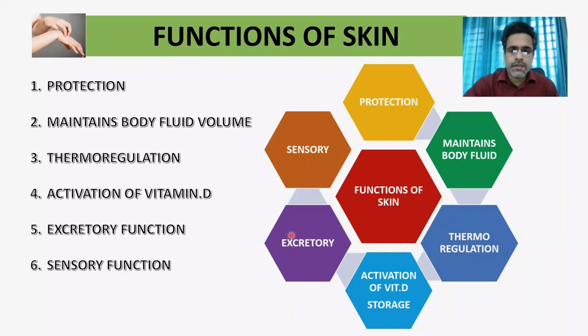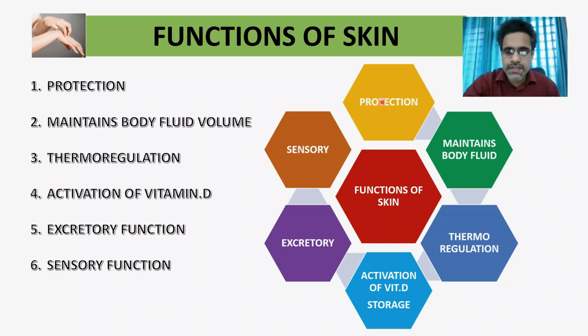Now let us analyze the important functions of the skin. Remember, skin is very important. First we have to know how exactly skin is protecting us. Skin acts as a barrier between the external environment and the internal environment of the body.